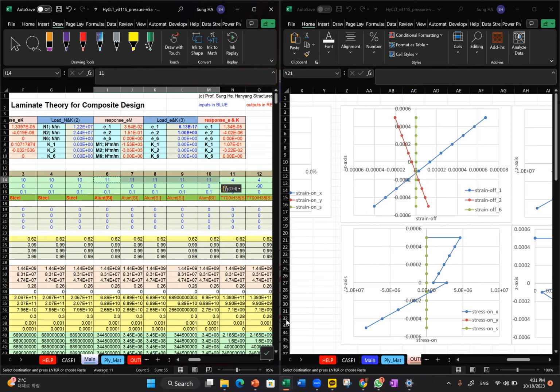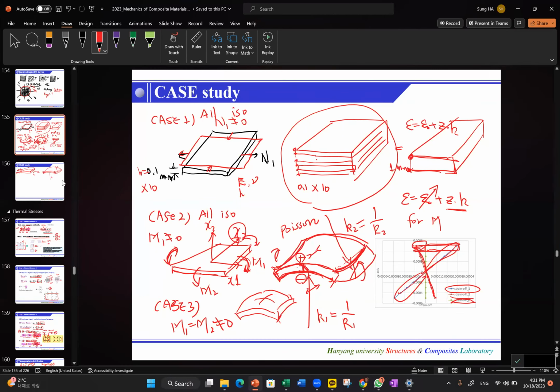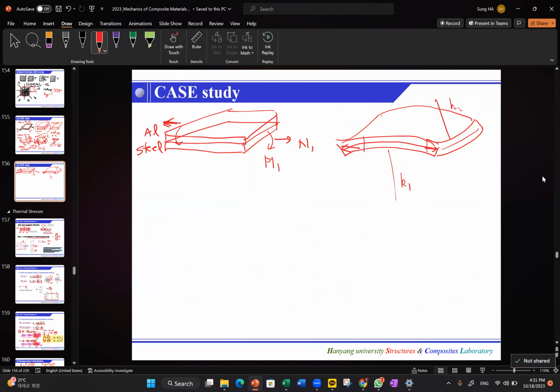Again, epsilon equals epsilon 0 plus z curvature. You remember that at z equals zero, at the center, strain was not 0. What does it mean? On bending, we have an epsilon 0. There will be some epsilon 0.